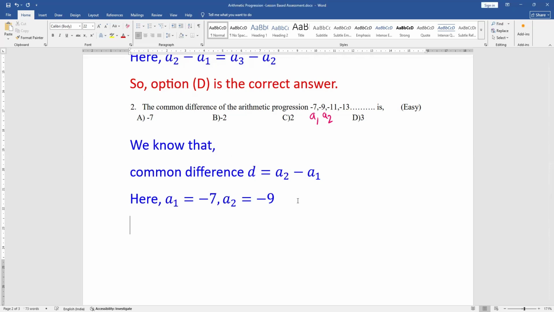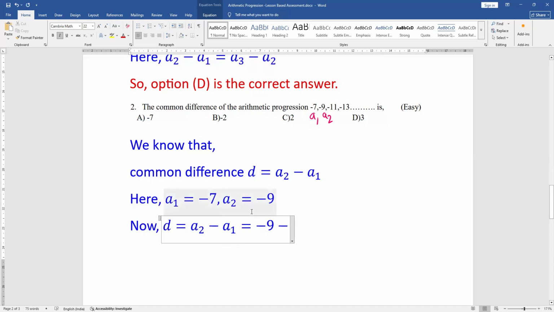Then what we do now, d equals this common difference, d equals a2 minus a1. So a2 is -9 minus, next, here we have a negative term, correct?